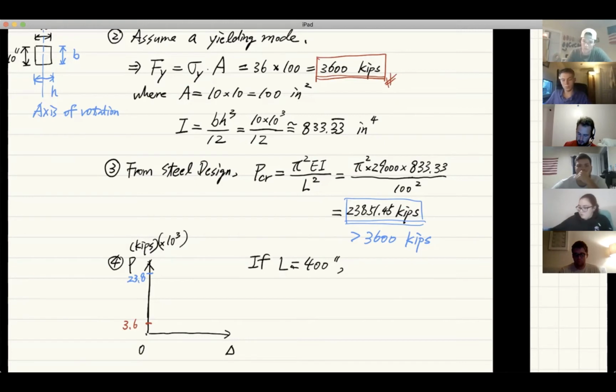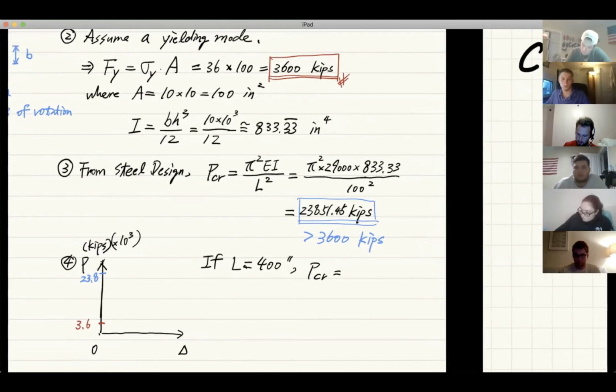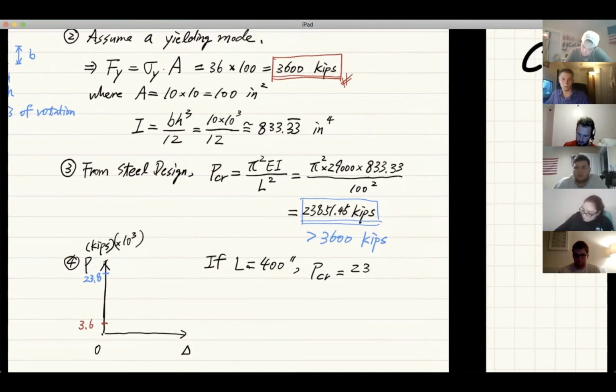That means the new critical load will be 1/16 of the original one. In that case, PCR is... I have the number. It's 1,490.72. Yes, thank you. And let me double check that.